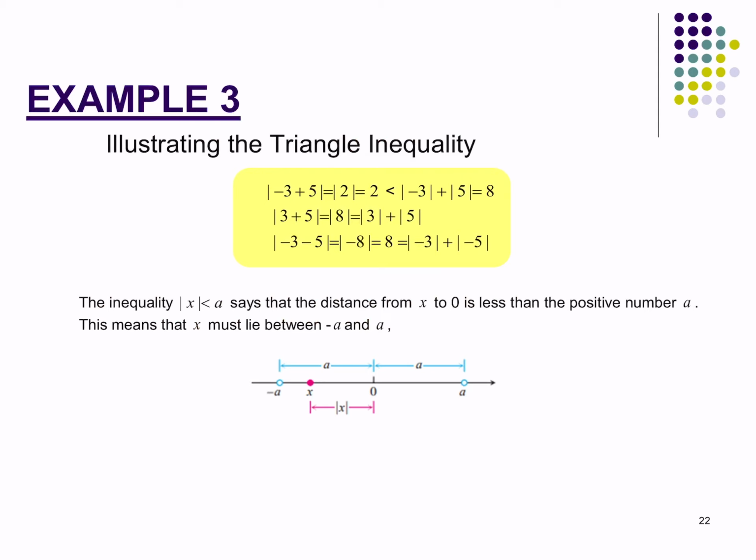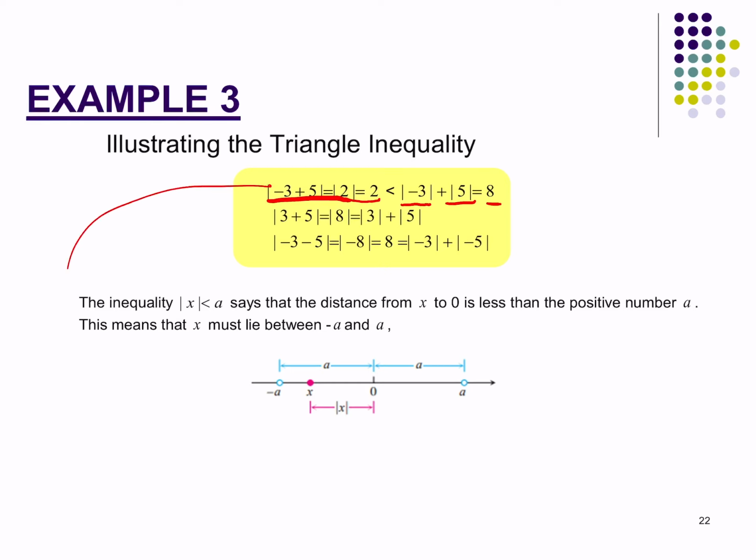So in this case, when you have the absolute value of minus 3 plus 5, that is equal to the magnitude of 2, and the magnitude of 2 is equal to 2. And that is also less than or equal to the magnitude of minus 3 plus the magnitude of 5, and that is equal to 8.